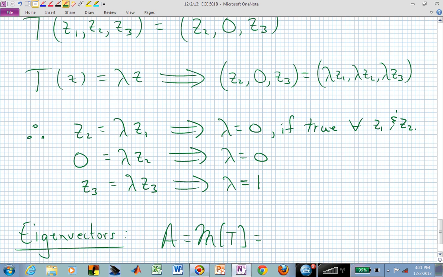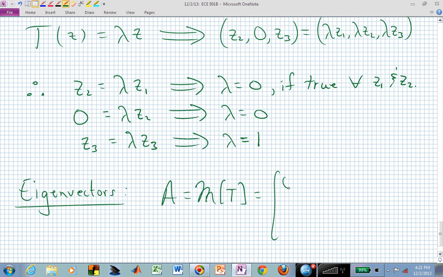What would the matrix representation of T look like? What's the first row? That should just pull off the second coordinate, shouldn't it?